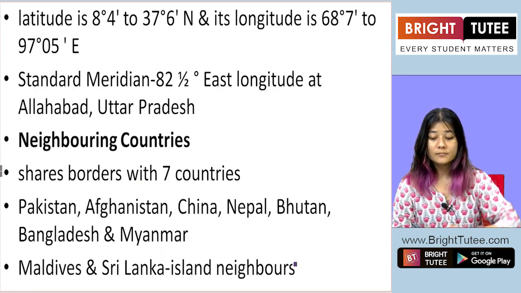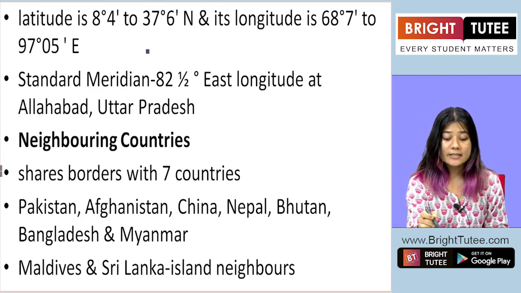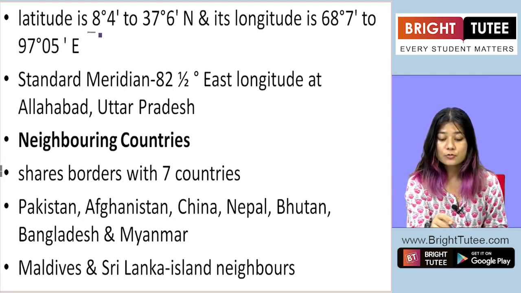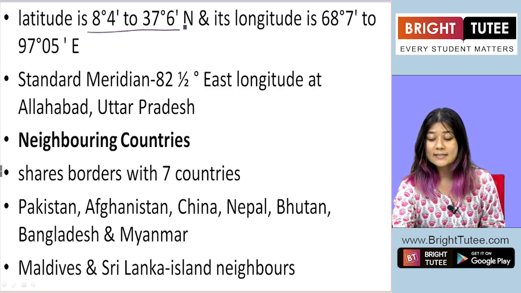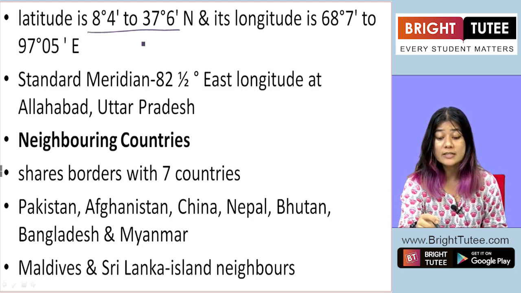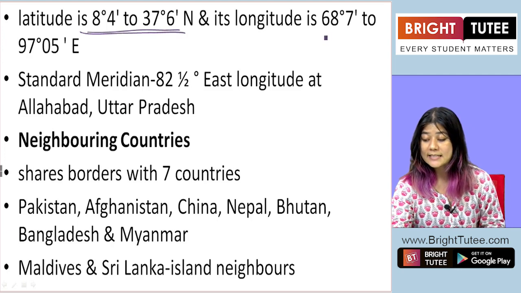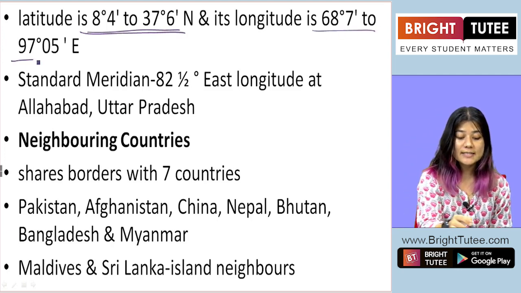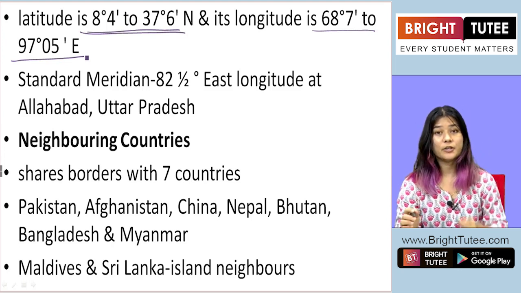So India is located between 8 degree 4 minutes to 37 degree 6 minutes north latitude, and 68 degree 7 minutes to 97 degree 25 minutes east longitude.